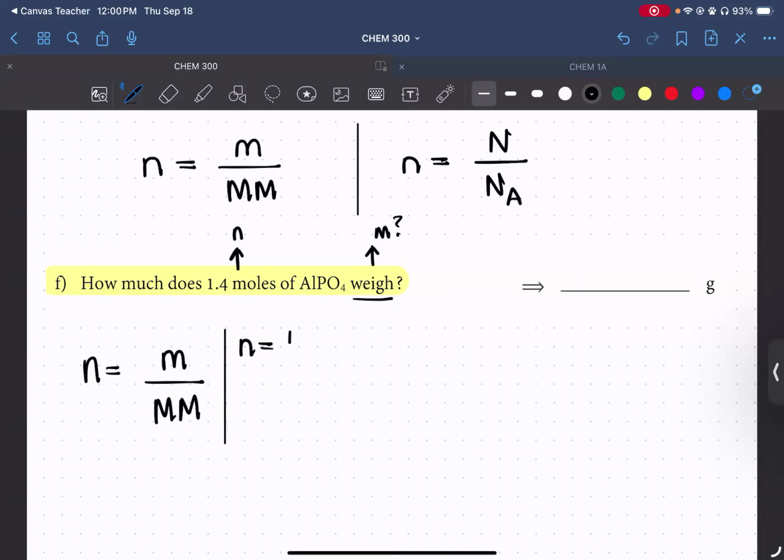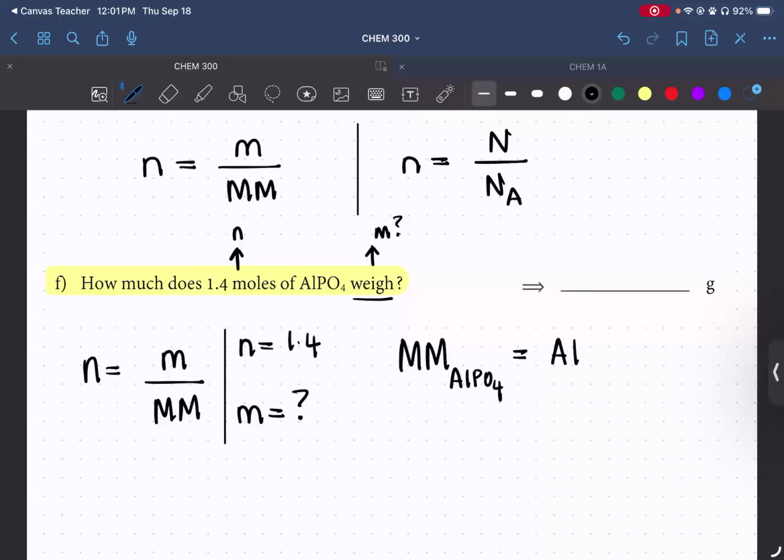We know that n is equal to 1.4. That was told to us in the question. And we know that lowercase m is what we're trying to find. Right now, what we need to do is calculate the molar mass of aluminum phosphate, which we can get by summing the masses of all the elements present. We see that there is an aluminum, we see that there is a phosphorus, and we see that there are 4 oxygens.